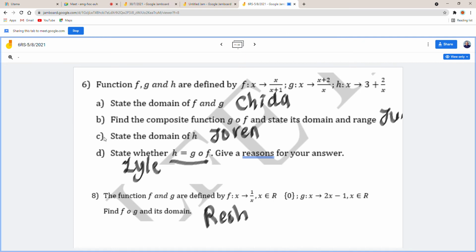Okay, can you see this question? Yes. Okay, can you see the question B, right? They ask to find the composite function gf and state its domain and range. So if you want to find the domain and range, you have to draw the graph.